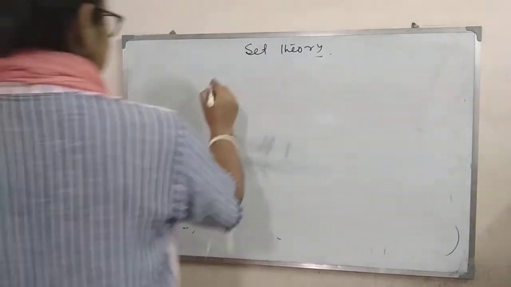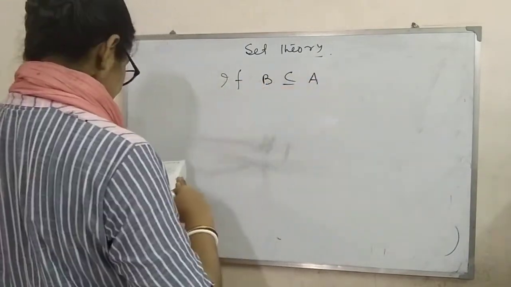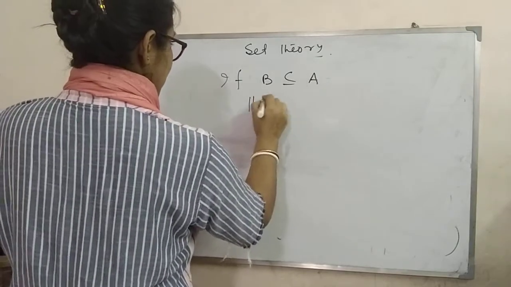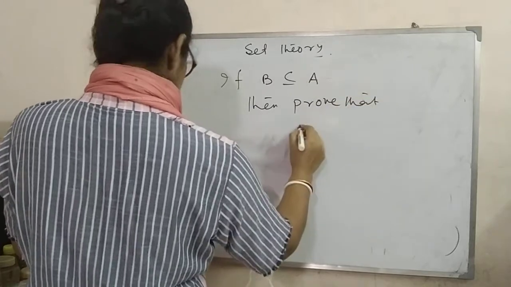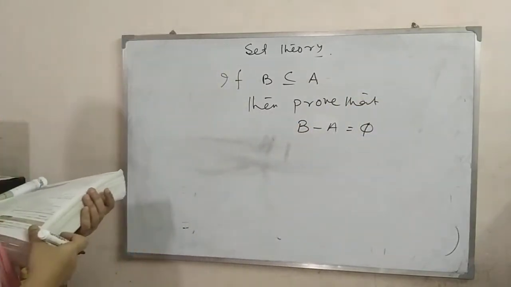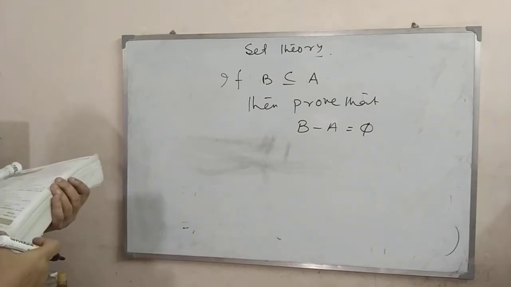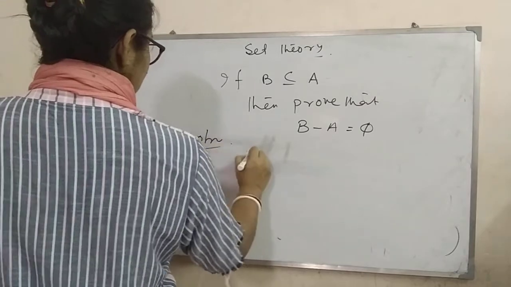Next question is, if B is subset of A, then prove that B minus A is equal to phi. This is the solution.